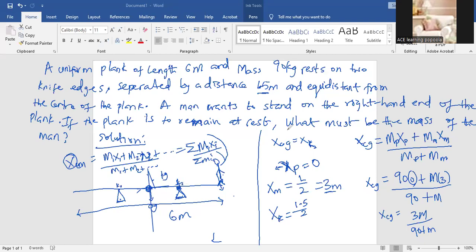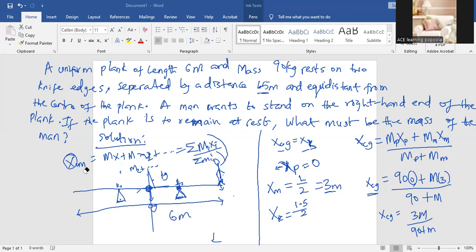So the center of gravity must be equal to the center of gravity of this knife edge 2. It should be located there if this man is of the right mass to make this whole thing balance.